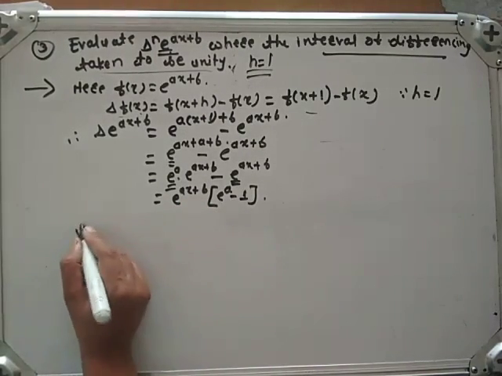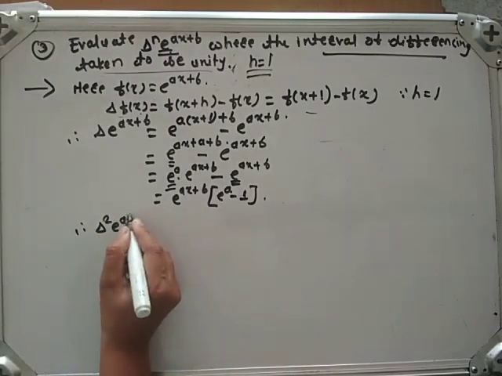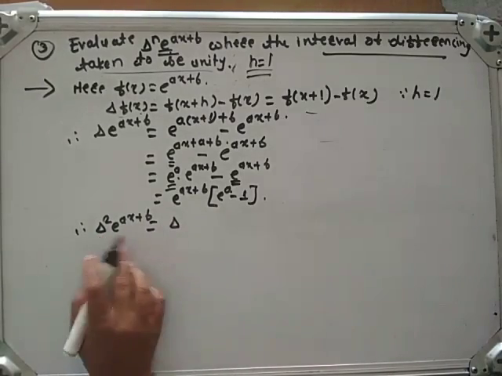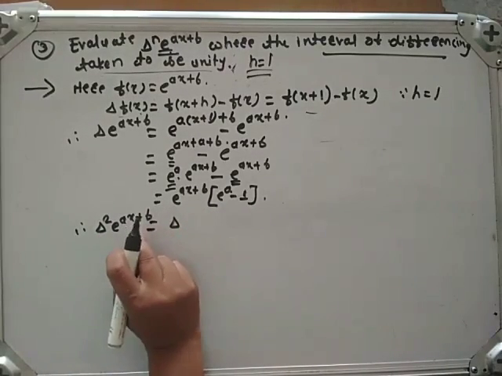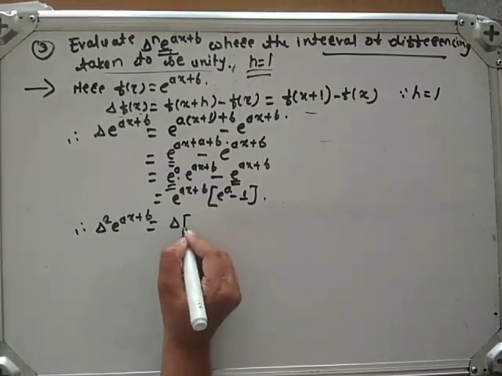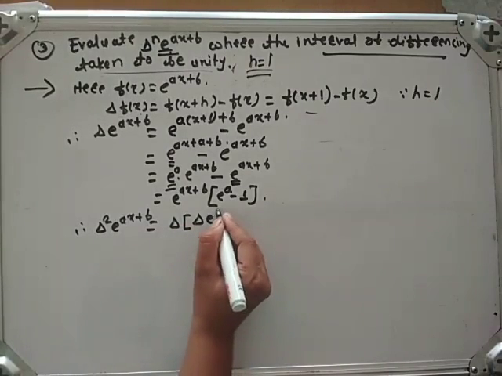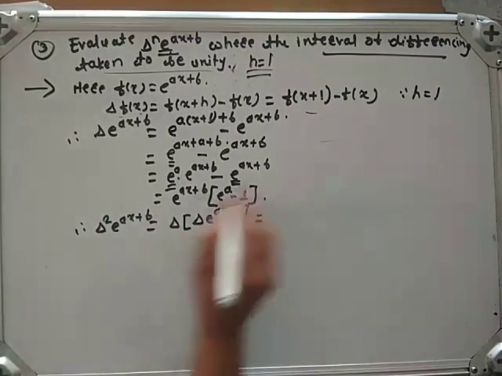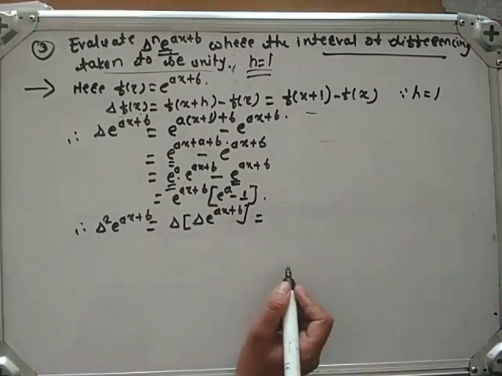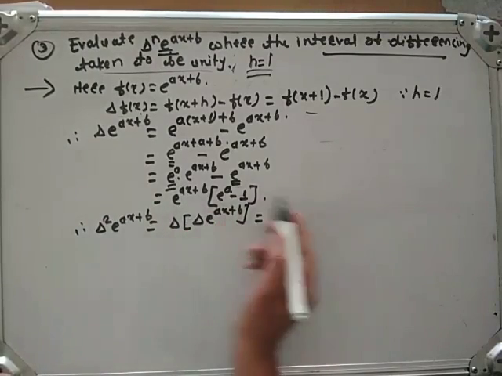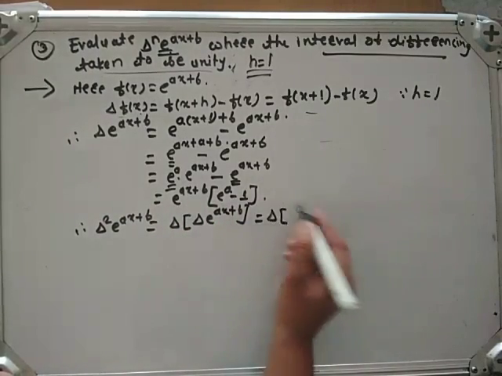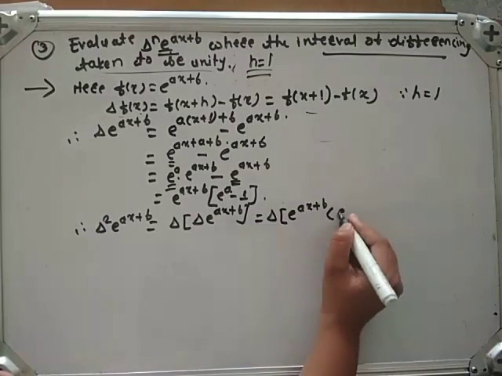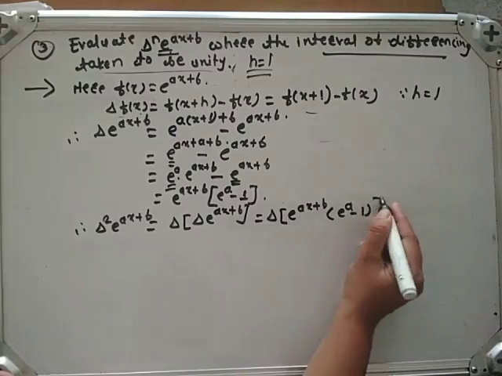Now we will find delta square of e raised to ax plus b, which can be written as delta of delta of e raised to ax plus b. We have already calculated delta of e raised to ax plus b, so this is delta of (e raised to ax plus b into e raised to a minus 1).